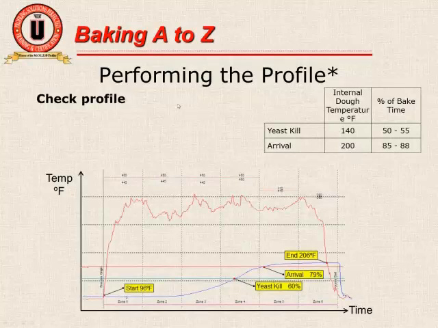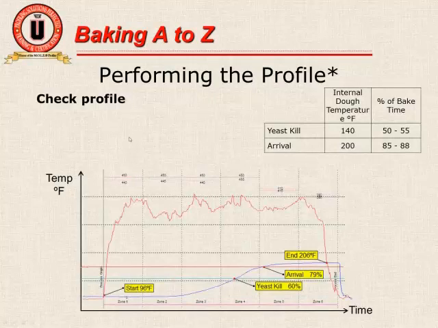Most people start their ovens out at almost all the same temperature in each zone, and that's a great place to start. Try to avoid the first zone high, second zone low, third zone high, fourth zone low. Any kind of up and down from zone to zone is usually an indication that you can probably turn them all down.